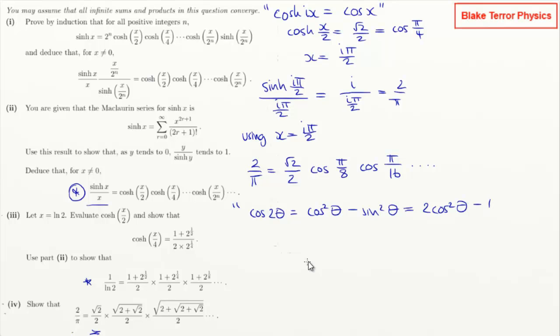Okay, so that means then if I want to get my cos of pi over 8, that is going to be equal to cos of pi over 4 plus 1 all divided by 2 and then square rooted.